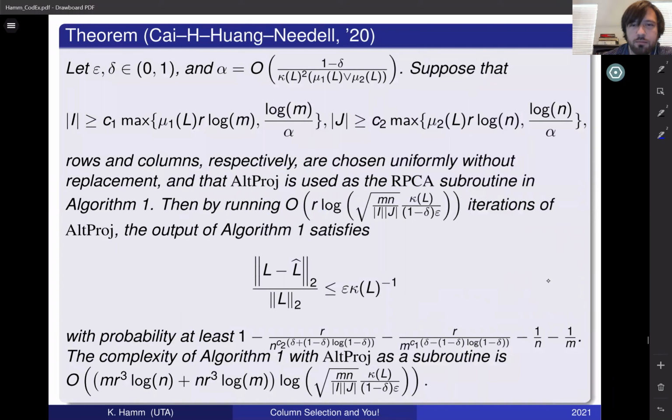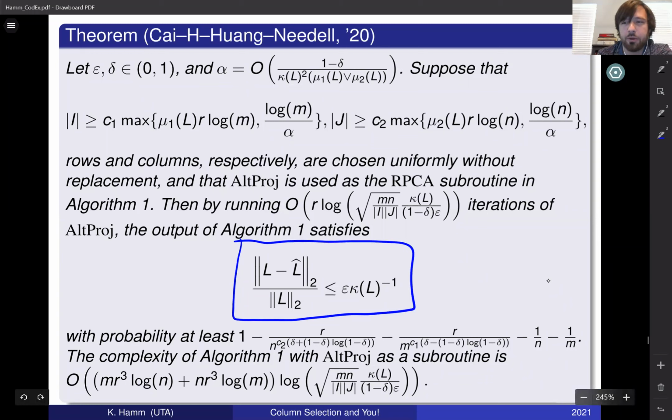And I will skip this. The upshot is that if you want to put all these pieces together and choose a specific robust PCA algorithm, you can, and it will tell you how much you need to sample, and you can get relative error bounds like this, which say that with reasonable probability, I have a relative error bounded by epsilon times the inverse condition number of L. So you can get nice relative error bounds.